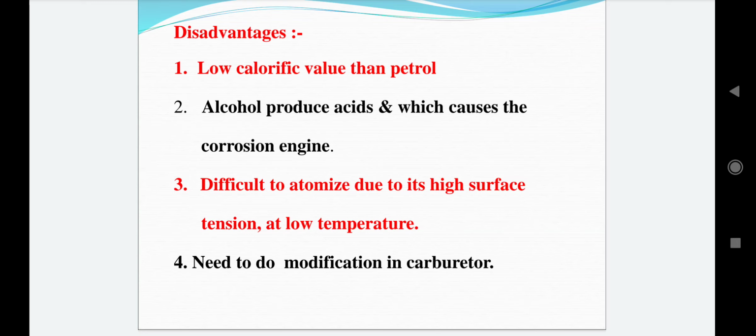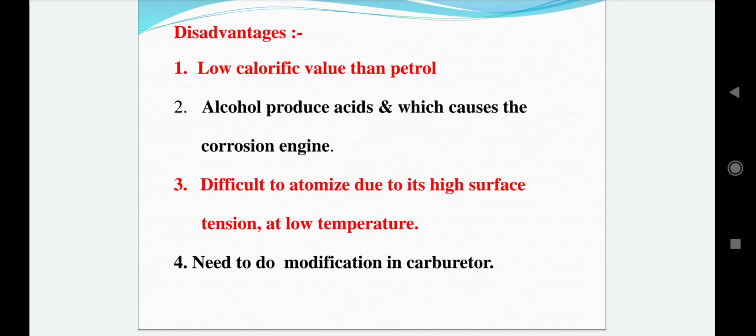And the next disadvantage is the need to modify the carburetor, that is, we need to modify the carburetor design. What is the role of the carburetor? The carburetor provides air supply to the vehicle for burning of fuel.